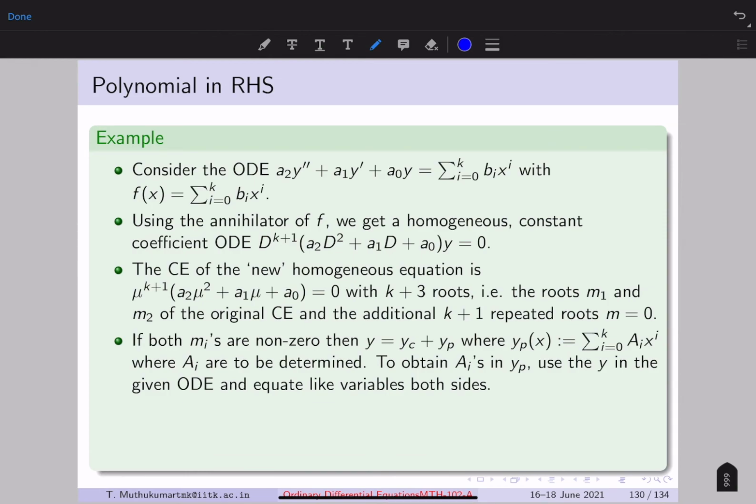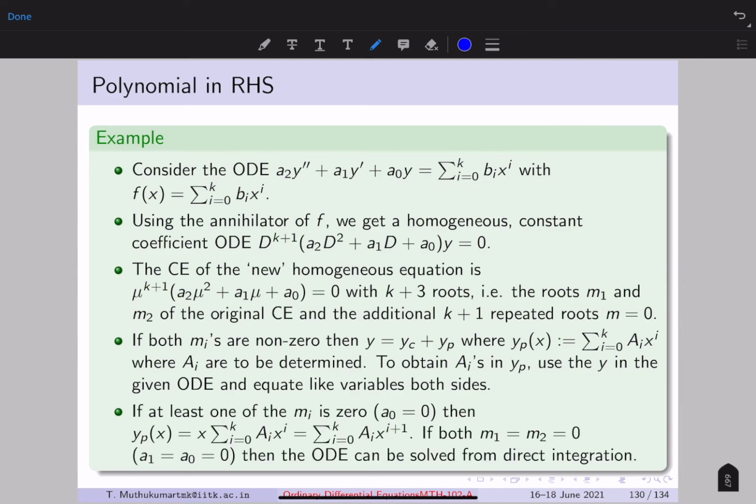Okay, so to obtain the ai's, you use this y that we have here in this ODE that we started with, and this will kill the yc term, and what will remain is this acting on yp only. So use that information there, and then you can determine the unknown coefficients ai's.